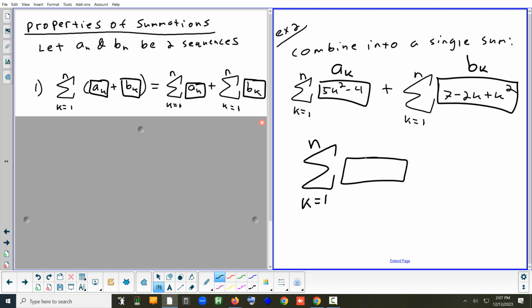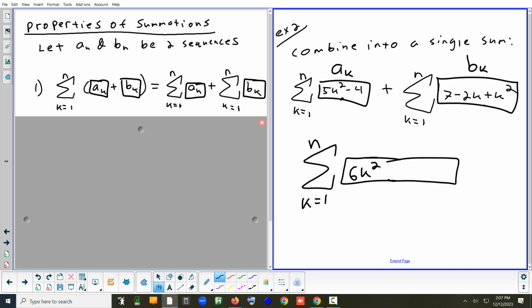So take what's in the first box and add it to what's in the second box. And that's how you can combine it. Okay, let's start with the squared terms. We have 5k squared plus k squared. What would that give me? 6k squared.